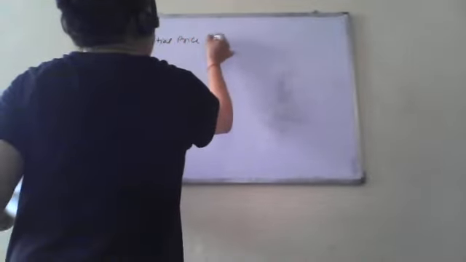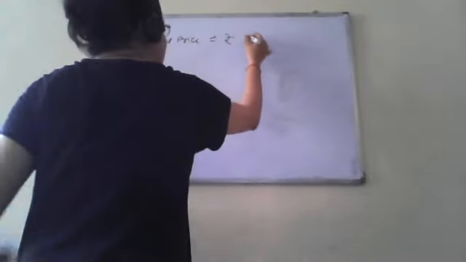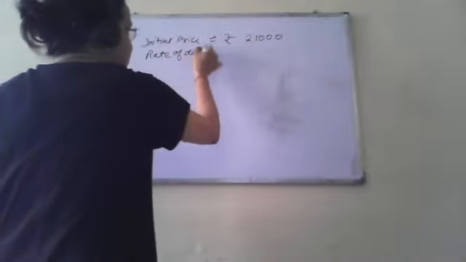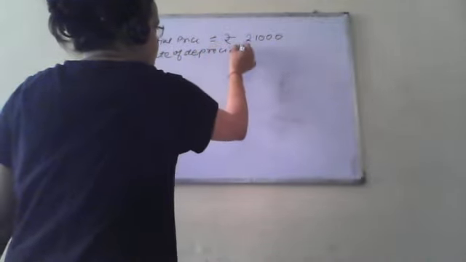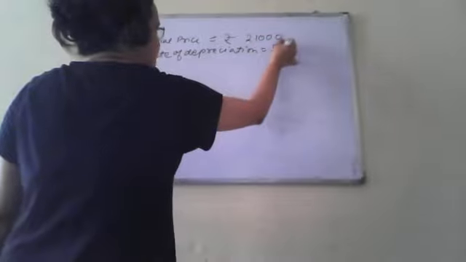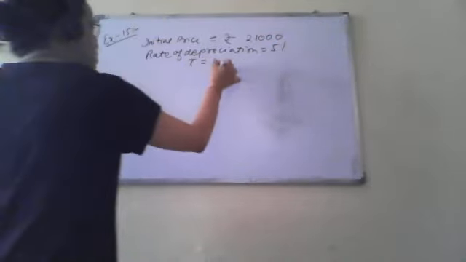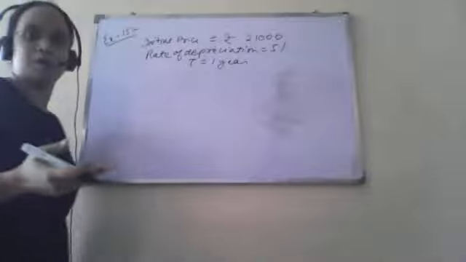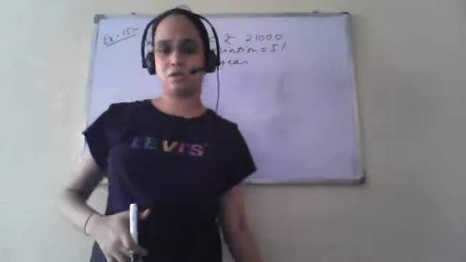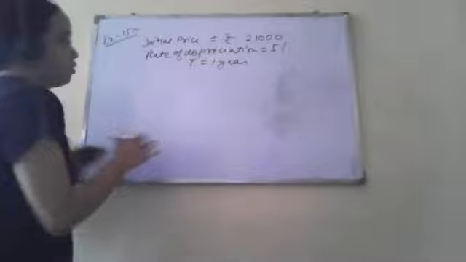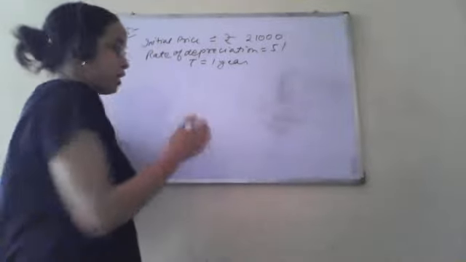So what they said: the initial price is rupees 21,000. Rate of depreciation, depreciation means there is a decrease, is 5%. Time period is 1 year. So it can be calculated either way because the number of years is not so many, it is just one. So we have to calculate its final price.